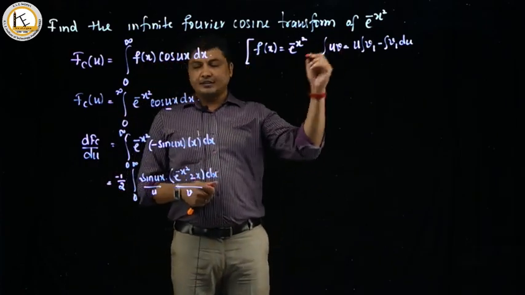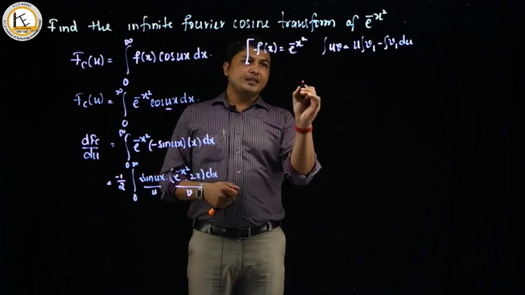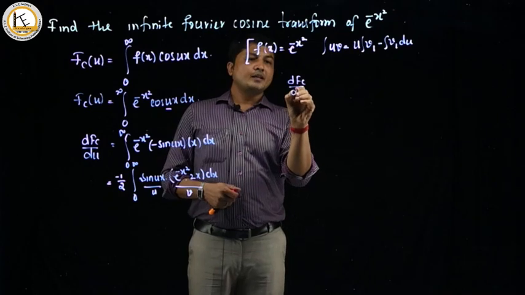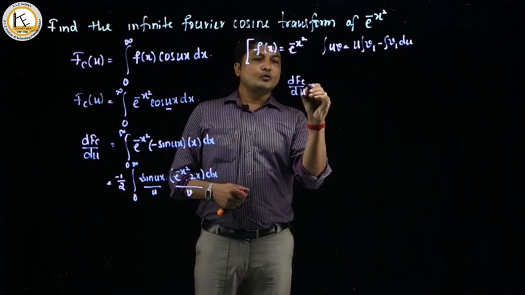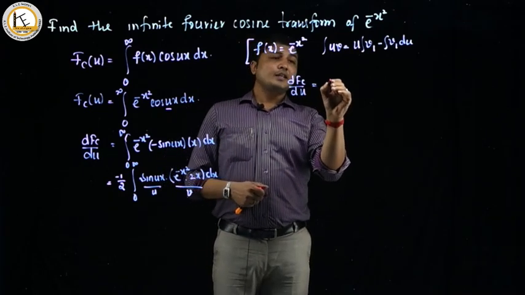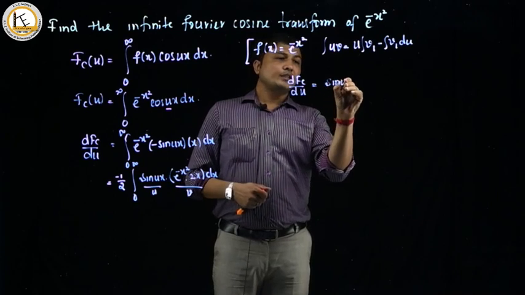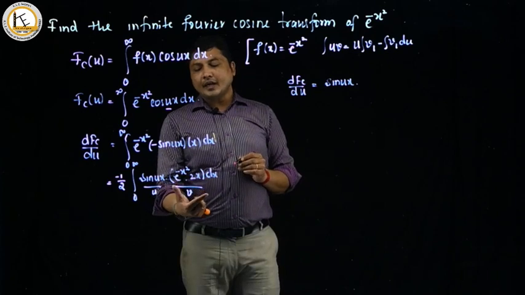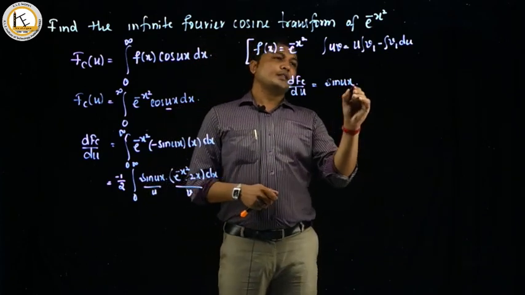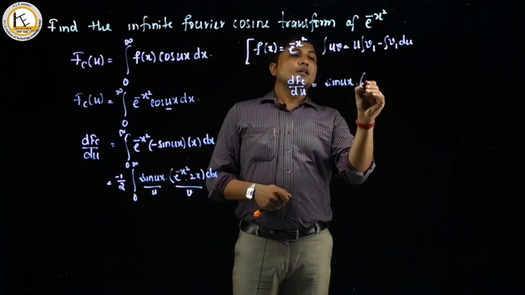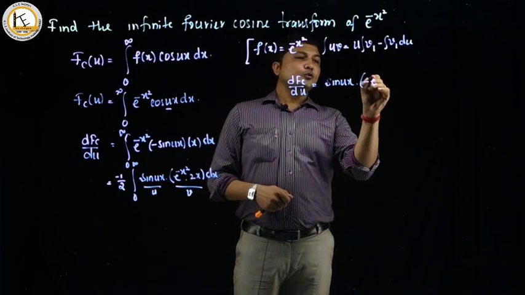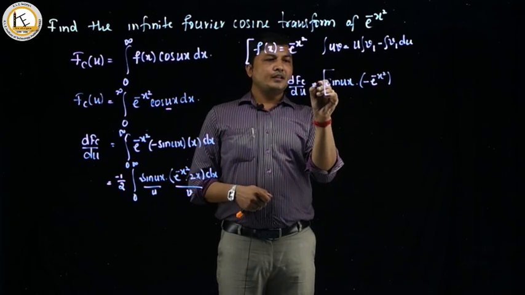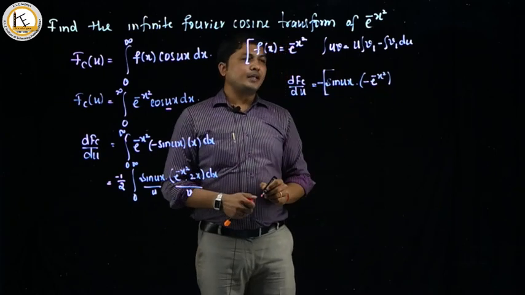Now applying this integral by parts, we have dFc by du is equal to, I will keep this sin ux as it is, into the integration of e raised to minus x square into 2x, which will be minus of e raised to minus x square. Obviously I will put a bracket here and there is a minus.